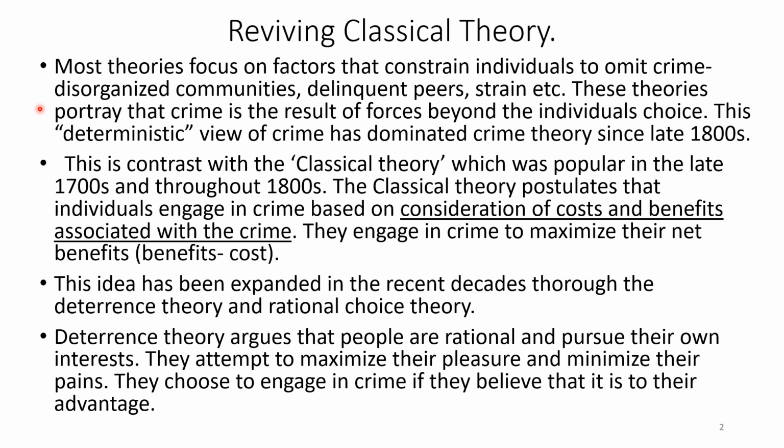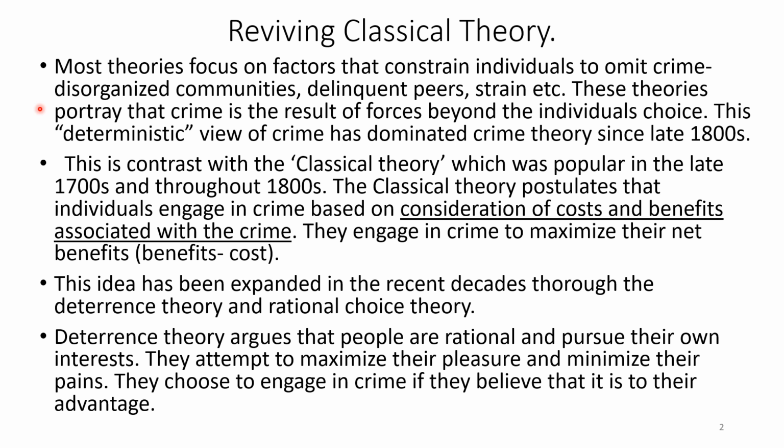Explanations of crime focus on factors that constrain individuals to commit crime: disorganized communities, delinquent peers, strain, etc. These theories portray that crime is a result of forces beyond the individual's choice.